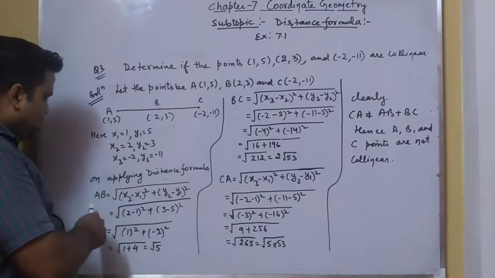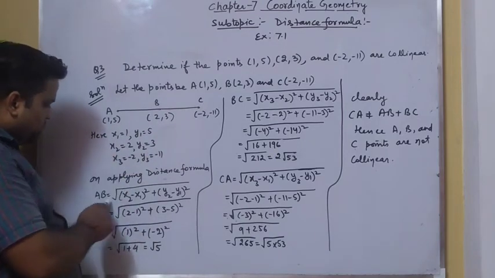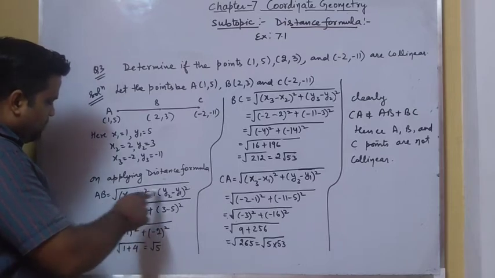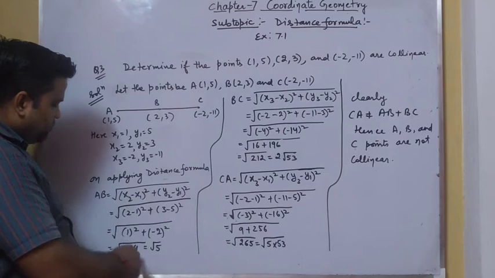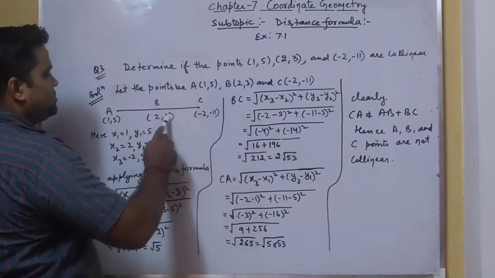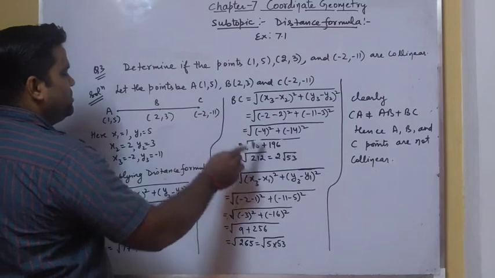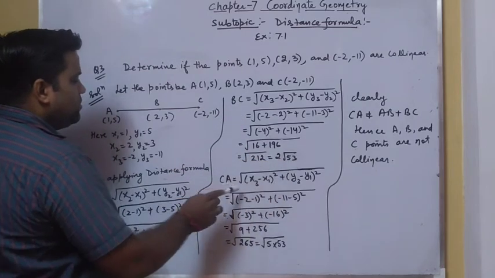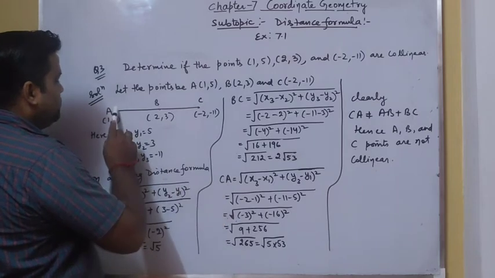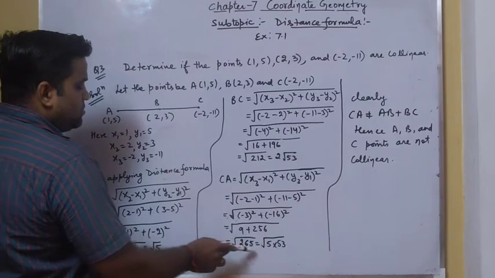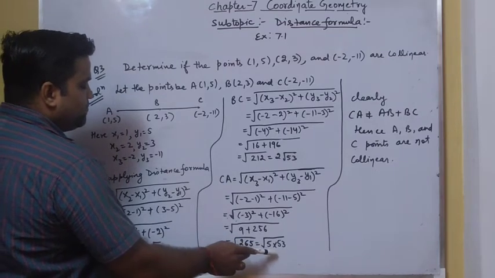On applying the distance formula, the distance AB, on putting the values, is root 5. Similarly, the distance BC, after solving, is 2 root 53. Similarly, the distance CA is the square root of 265.